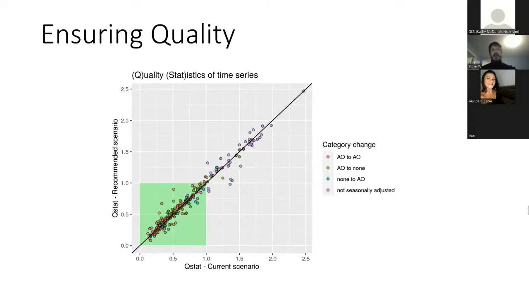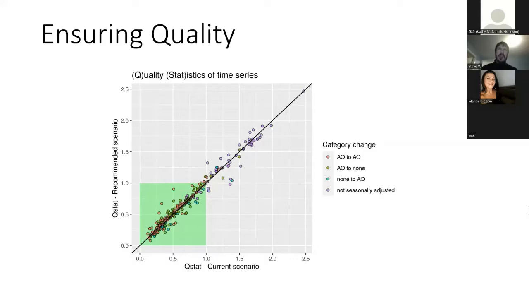We looked at what the Q-stat was with what we're currently doing on the x-axis, and what the Q-stat of the series would be using automatic detection as outlined in the previous slide. If there was no effect on the Q-stat, then it would just all sit on the line. And I've drawn a green box to indicate 1 as our typical threshold, with below 1 being of acceptable quality. And I was pretty happy with that one.